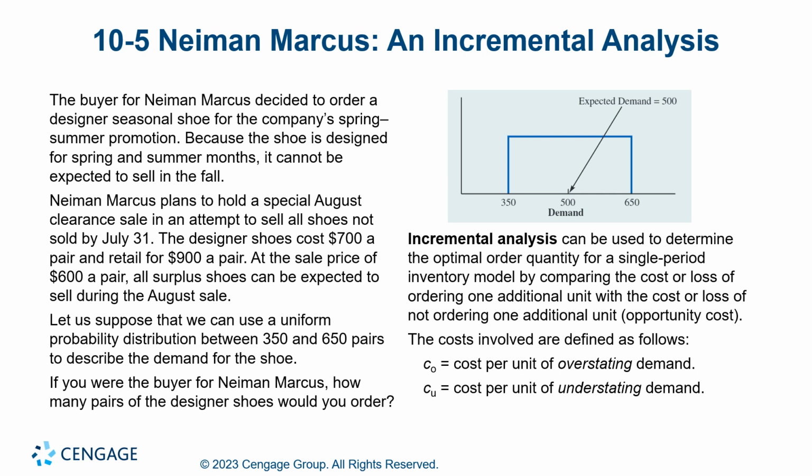This is a uniform distribution, so there's no anticipation for any seasonality in this case. So the incremental analysis can be used to determine the optimal order quantity for a single period inventory model.